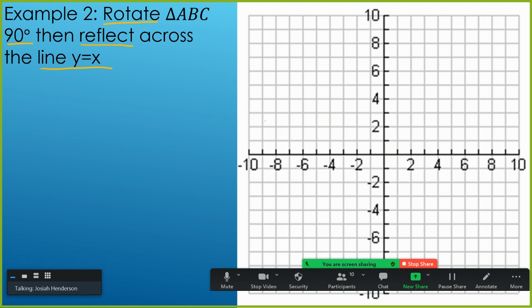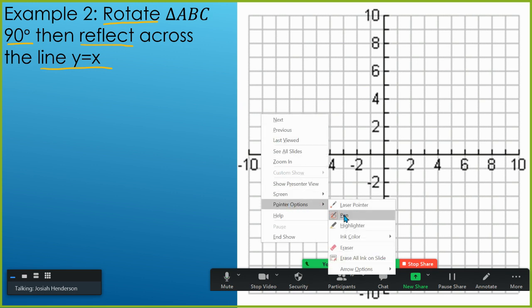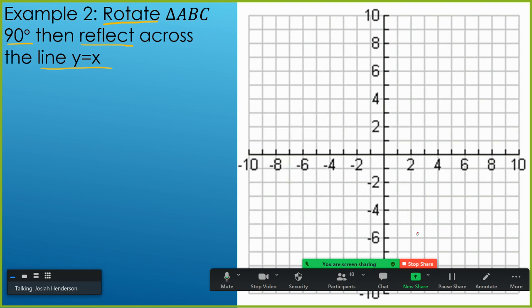So let's put in our original triangle first. And I'm going to use the same exact one we did last time. So A is at 2, 5. B is 2, 3. And C is 5, 3.